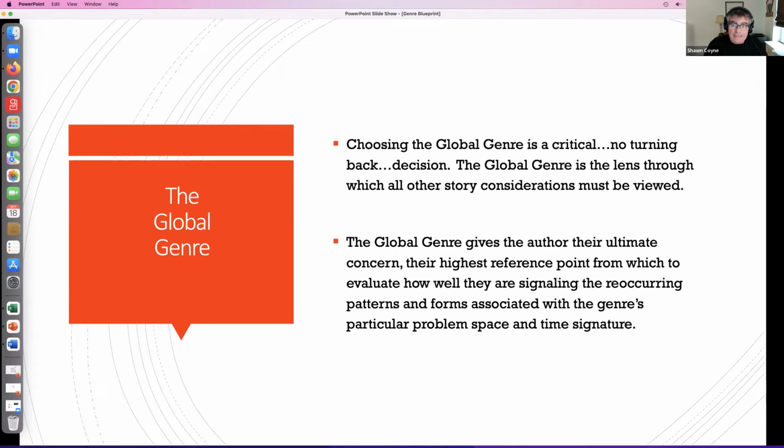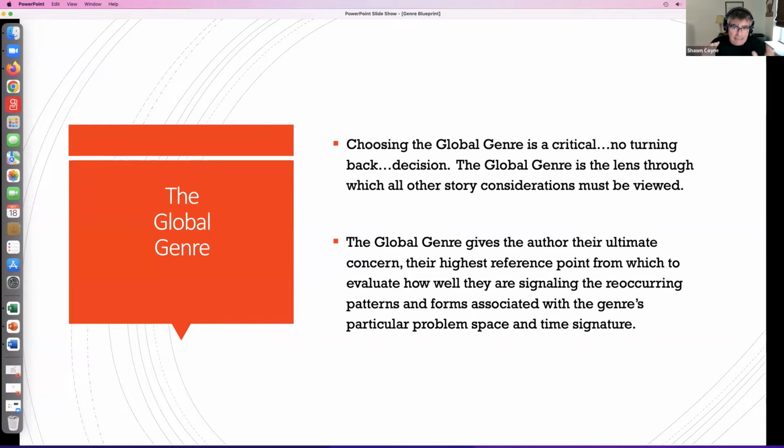So the global genre gives the author their ultimate concern. It gives them their criterion, their highest reference point from which to evaluate, like, how do you know if it's working? Well, this is the reference point that you use to evaluate how well you are signaling the reoccurring patterns and forms associated with the genre's particular problem space and time signature.